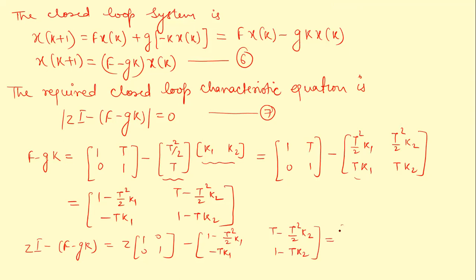So this will give me z, 0, 0, z minus that matrix.